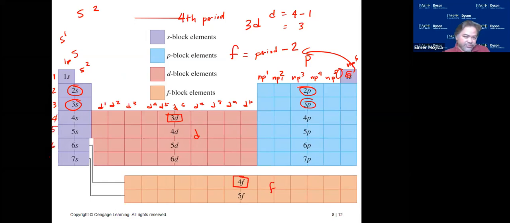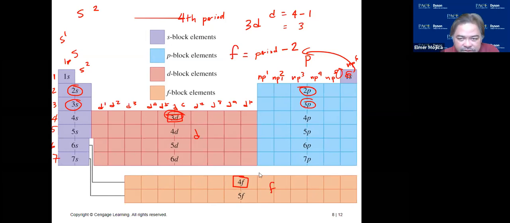The only time the period will be modified is when you are introduced to the d, which starts at 4, because the rule is whatever is the period, you subtract 1. Now for the one that has an f, it starts with 6, so you subtract 2, and then you will get the number that you have.